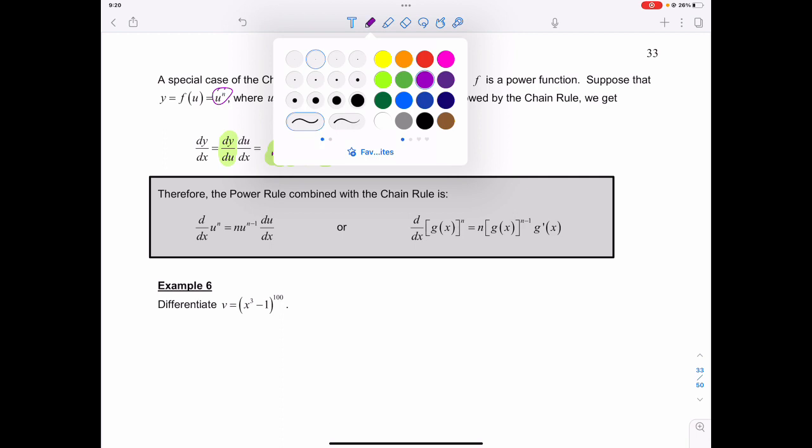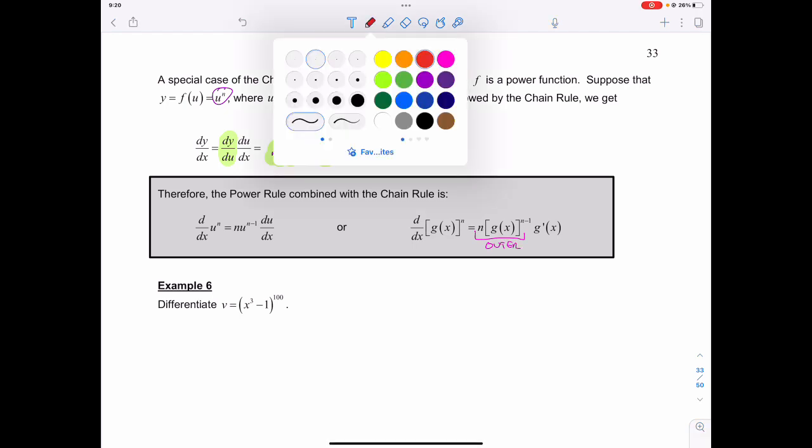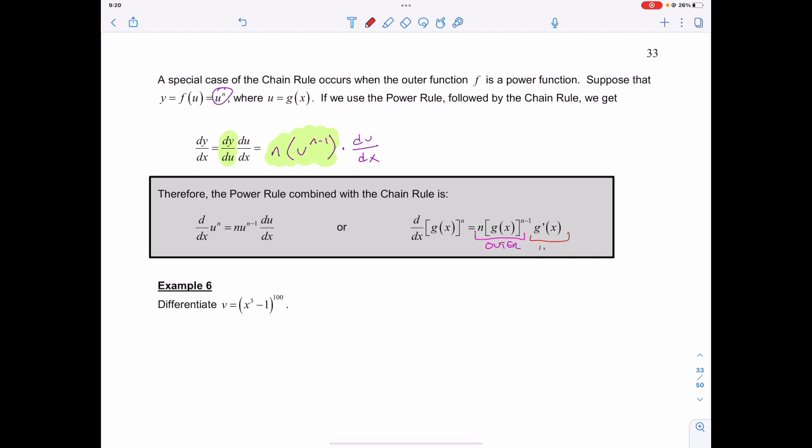And just like before, this winds up just being the derivative of the outer and the derivative of the inner.